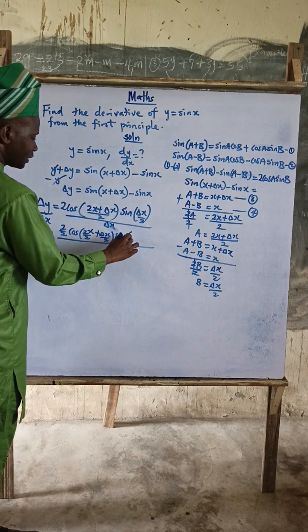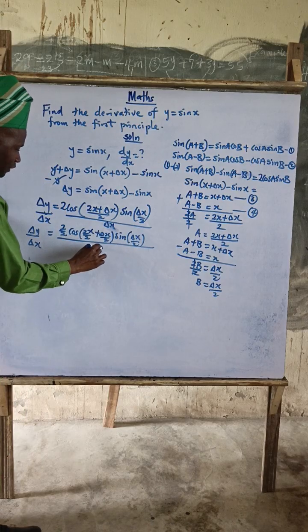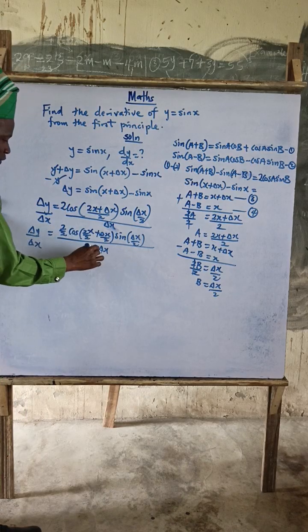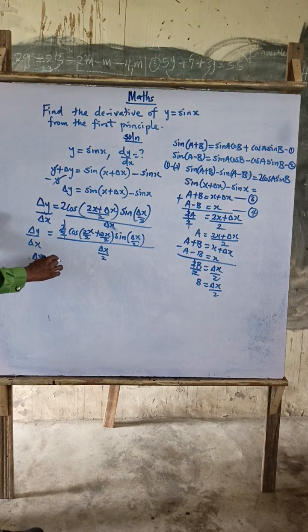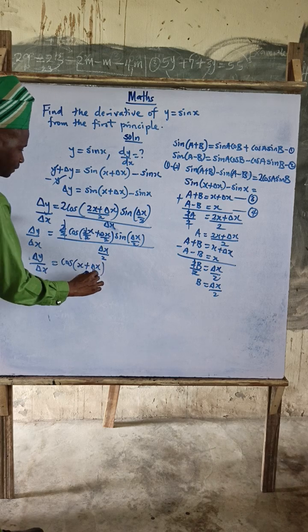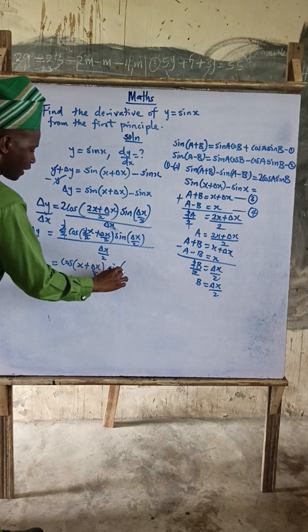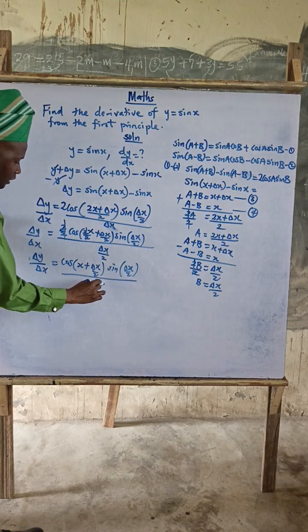Then we have sin of delta x divided by 2. Because we divided the numerator by 2, we are going to divide this also by 2. So therefore we have delta y divided by delta x equals cos of x plus delta x divided by 2, then sin of delta x divided by 2, then divided by delta x over 2.